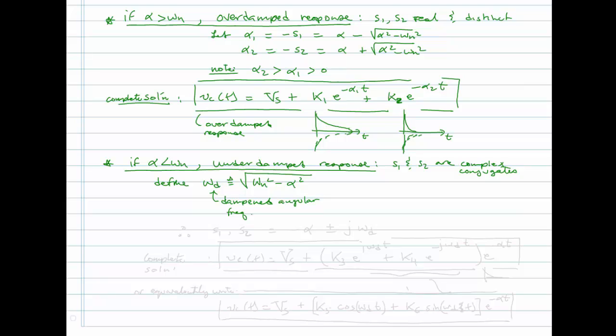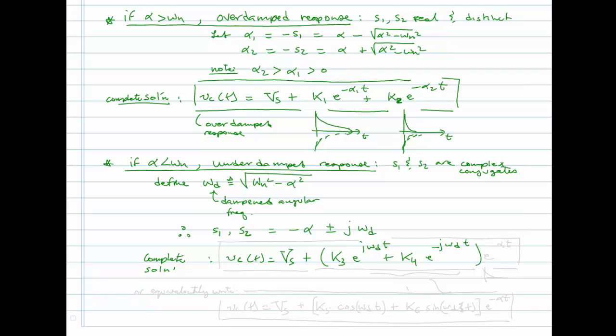Therefore S1 and S2 are equal to minus alpha plus or minus j omega d. Our complete solution is of the form Vc of t equal to Vs plus, say, K3 e to the j omega d t plus K4 e to the minus j omega d t.